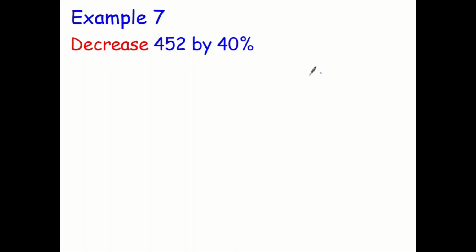Decrease 452 by 40%. If we're decreasing by 40%, that is the same as finding 60% of that amount. So my multiplier is 0.60. Remember, those two numbers have to add up to 100. I'm going to ignore my decimals and do a written method of multiplication: 452 multiplied by 6.